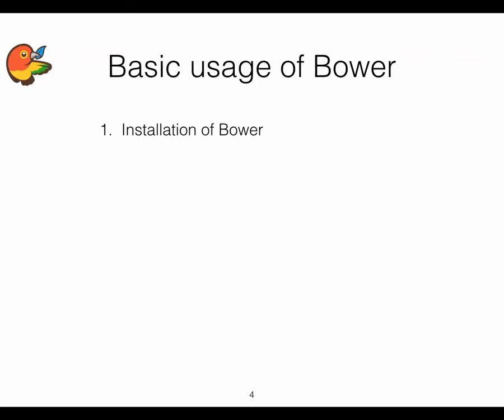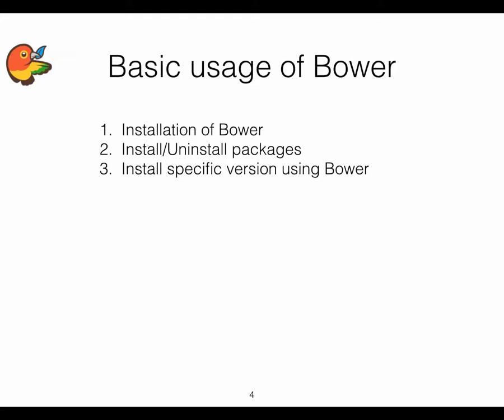Here we will go through how we can install Bower, and also we will discuss how we can install or uninstall different packages using Bower, and also let's say we want to install a specific version of any package. Let's say jQuery, I don't want the latest version, I want some older version. Then how we can do that using Bower.